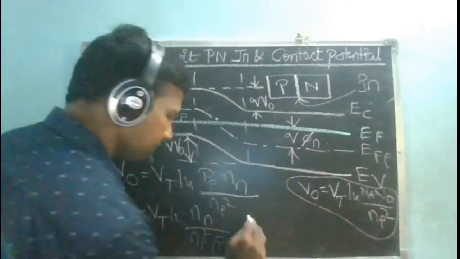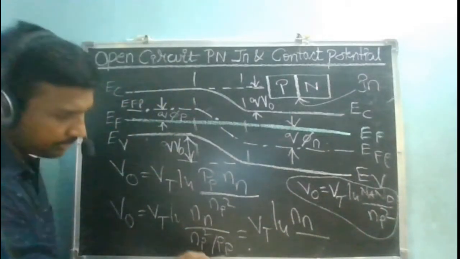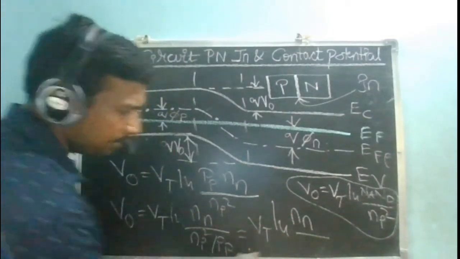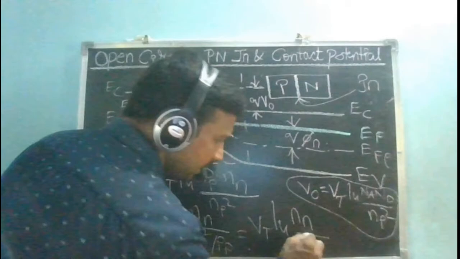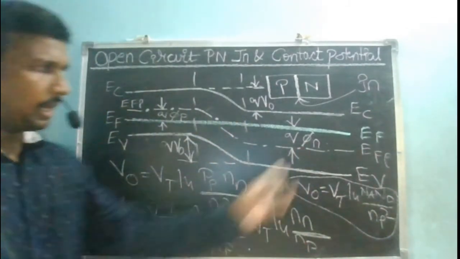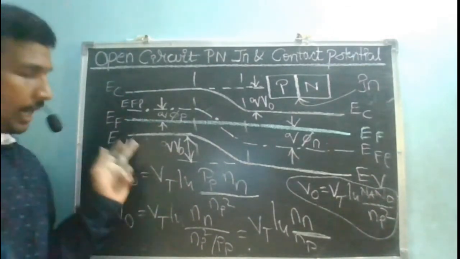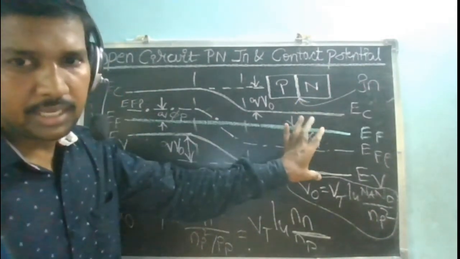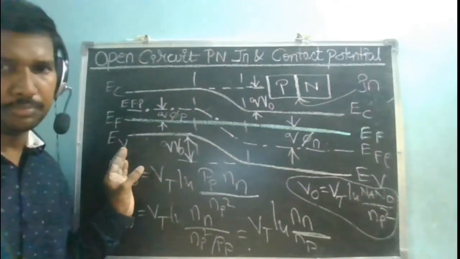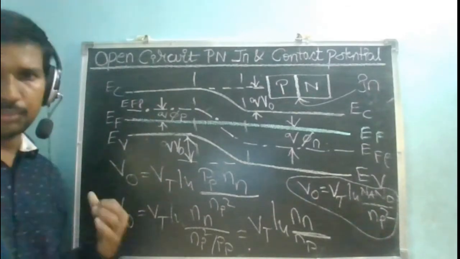So Vt ln Nn by Np. What is Nn representing? Electrons in n-type. Np is representing? Electrons in p-type. So majority charge carriers in n-type and minority charge carriers in p-type. If I take the ratio, it will give the same built-in potential.